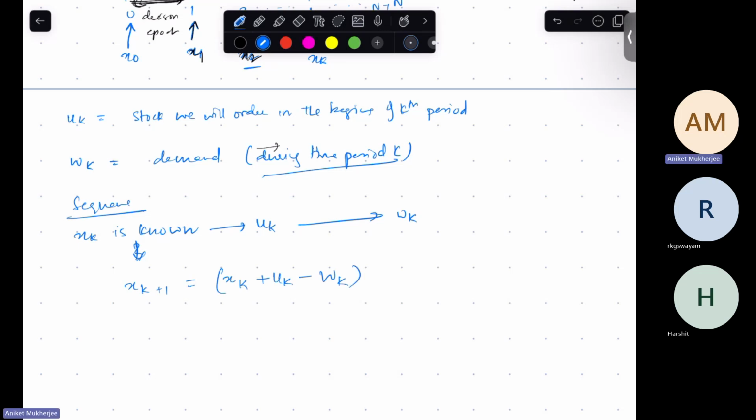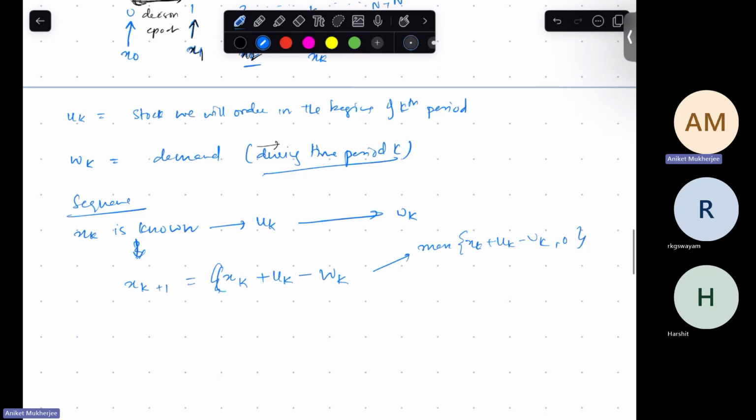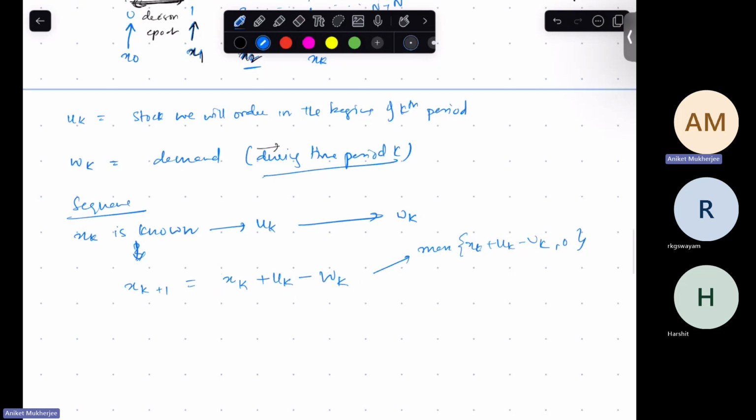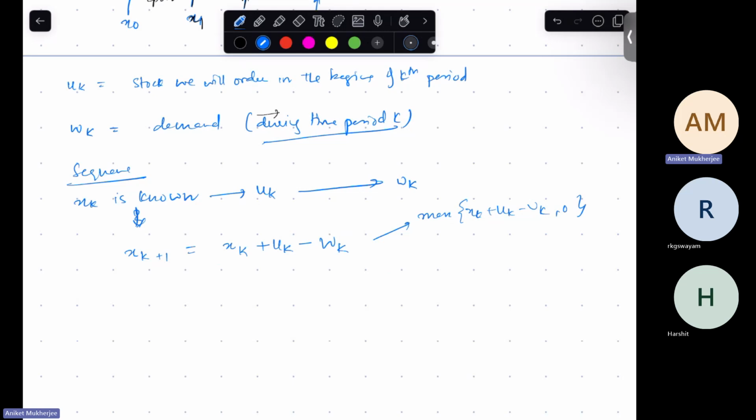Usually there would be a plus sign, by which I mean max of xk plus uk minus wk, comma 0. So it can't usually be negative, but I put in the assumption that your states can be negative and hence you remove this. And hence you have very nice linear dynamics. Otherwise, it's usually non-linear.